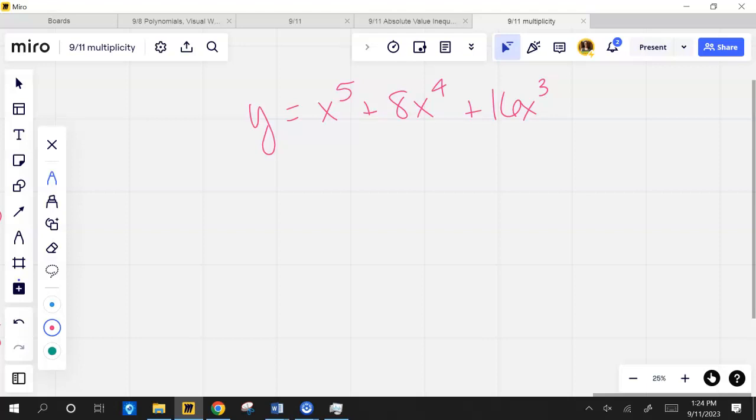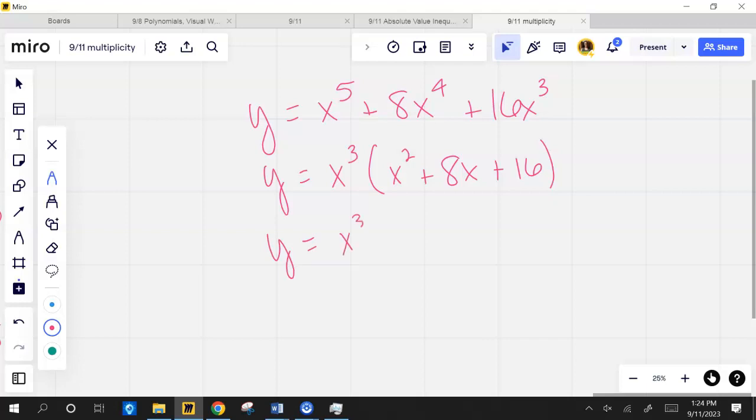Oh, come on. How do you factor this? Take out x to the third. What's left? Can you factor it further? Yes. This one's a perfect square.